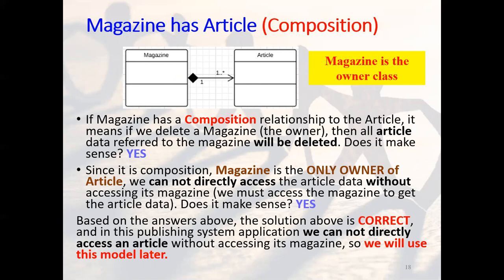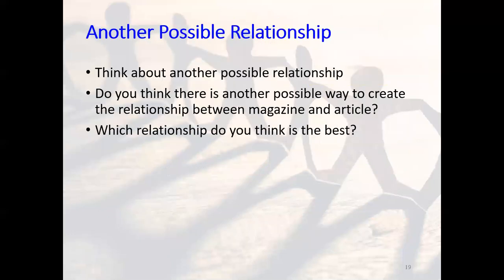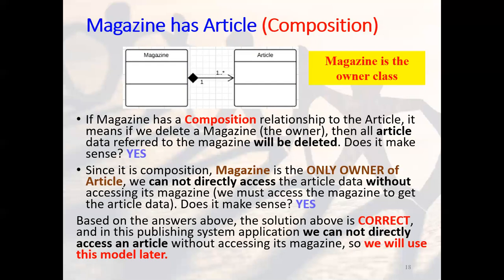In terms of accessibility, an article cannot be accessed without accessing the magazine. Therefore, the answers to these are both yes, and the solution is correct, and we will use this model later. There may be other possible relationships, but for this discussion, we will use this one.